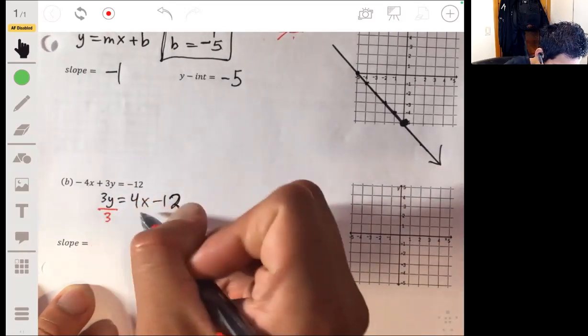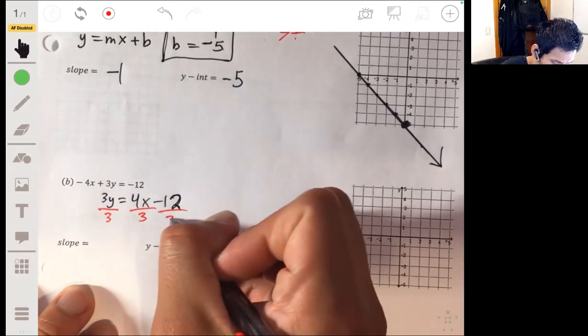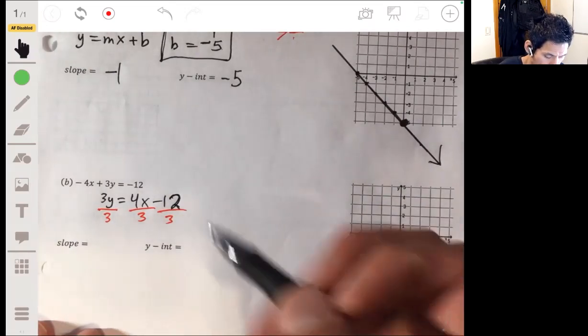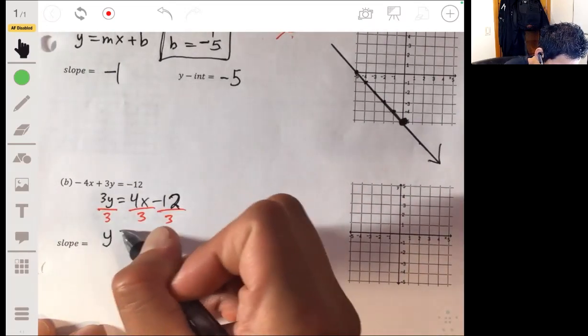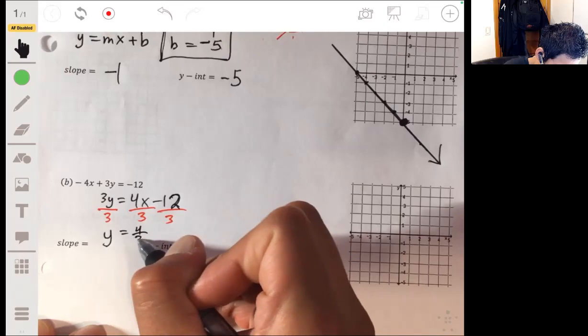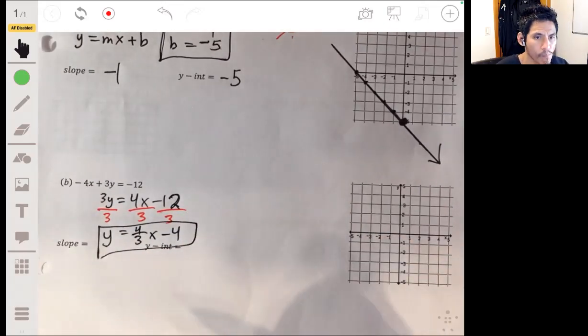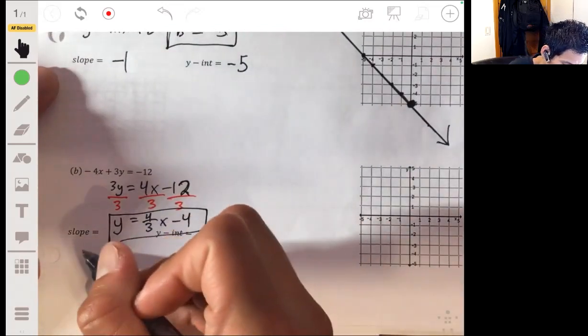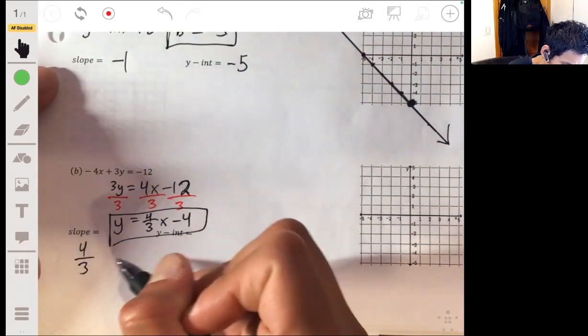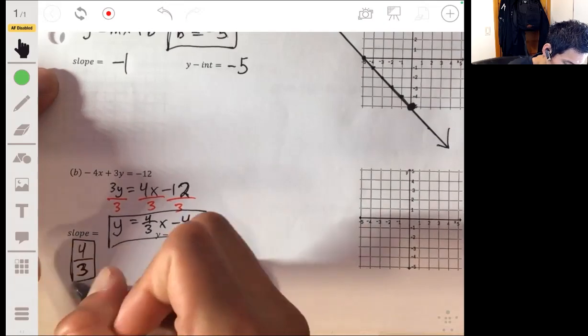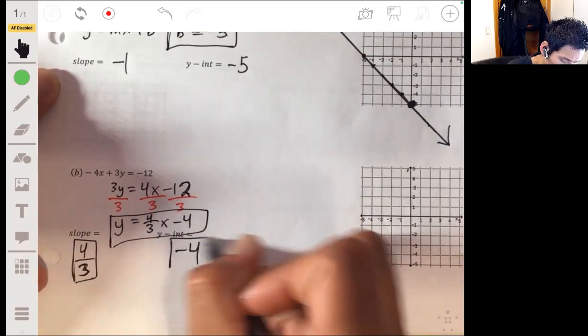Divide each term by 3. And we'll get y is 4/3 x minus 4. And then the slope is 4/3. And the y-intercept is -4.